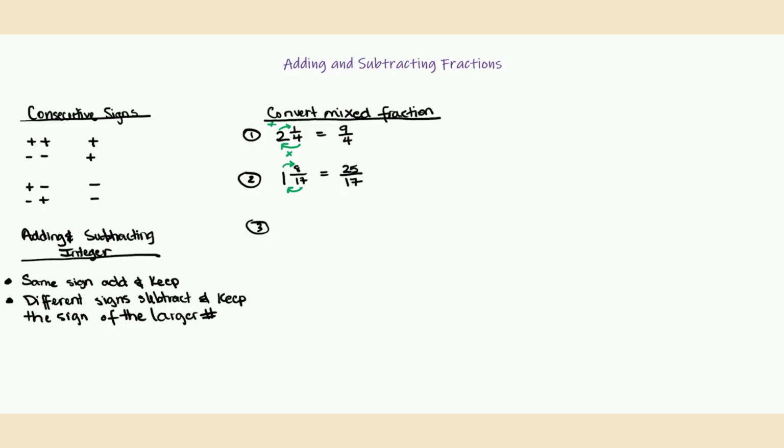Our next example is 16 and 8/9. So again, we multiply. So 16 times 9 is 144, plus 8 is 152.